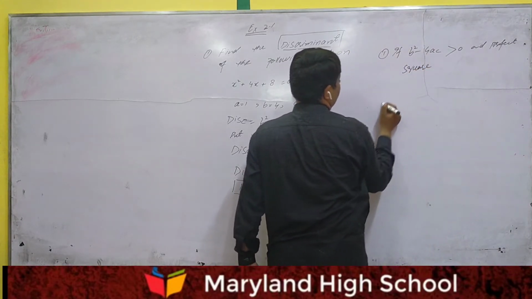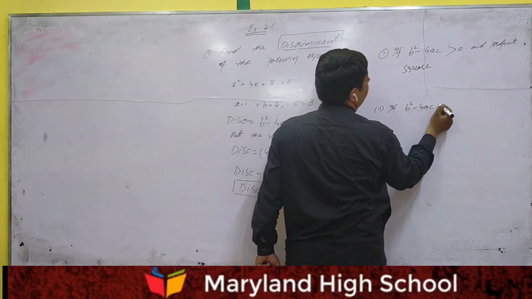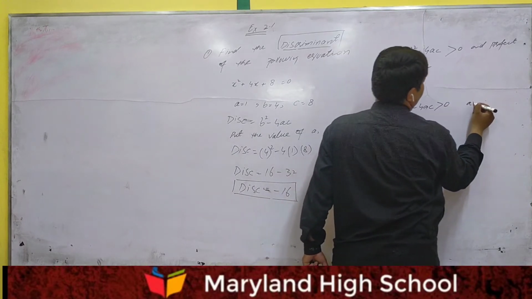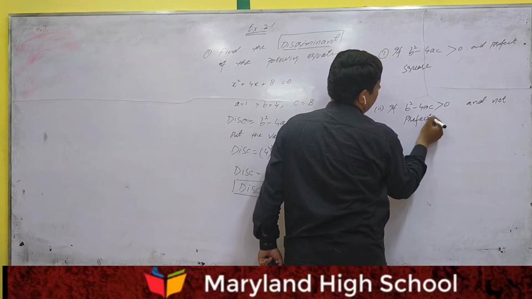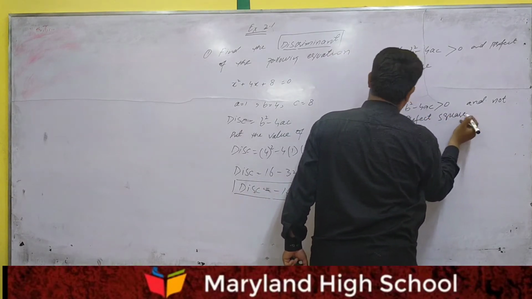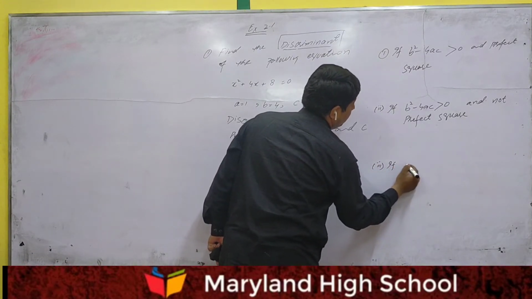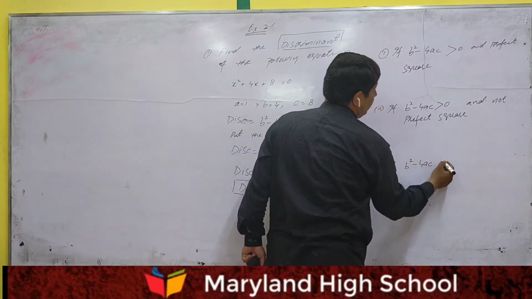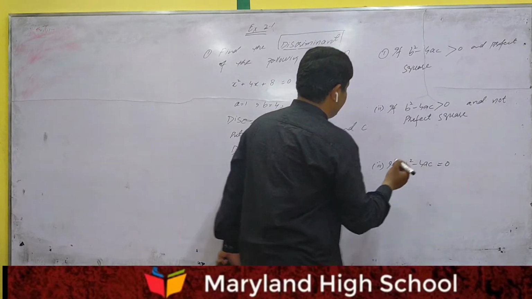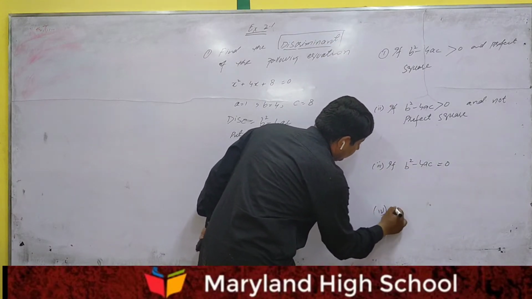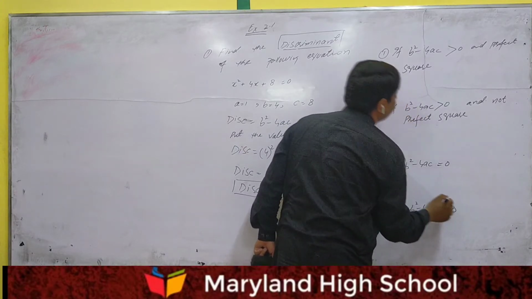Second rule, if b square minus 4ac is greater than 0 and not perfect square. Third rule, if b square minus 4ac is equal to 0. Fourth rule, if b square minus 4ac is less than 0.